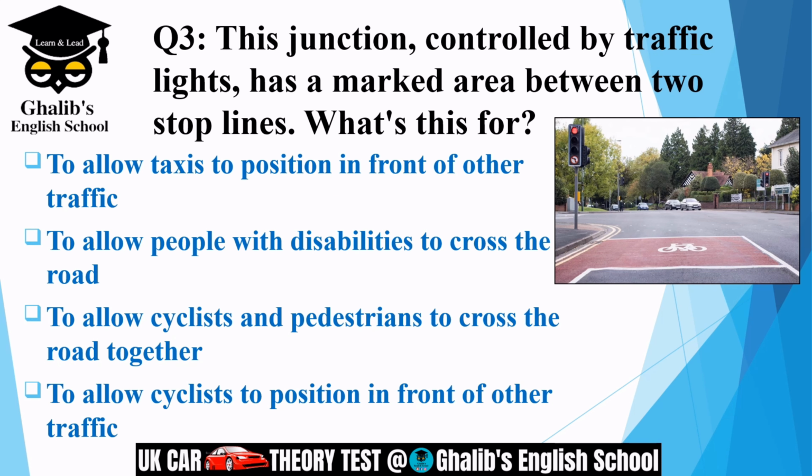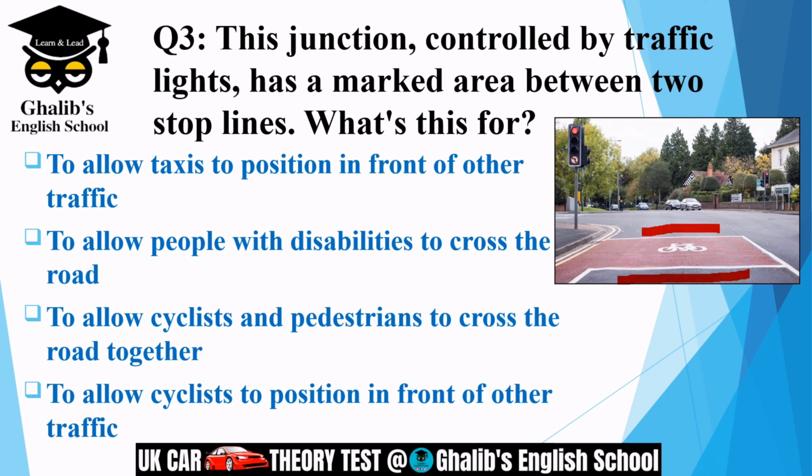Question 3. This junction, controlled by traffic lights, has a marked area between two stop lines. What is this for? So it's asking you about this first stop line here and one beyond this marking here. Why do we have these two stop lines?